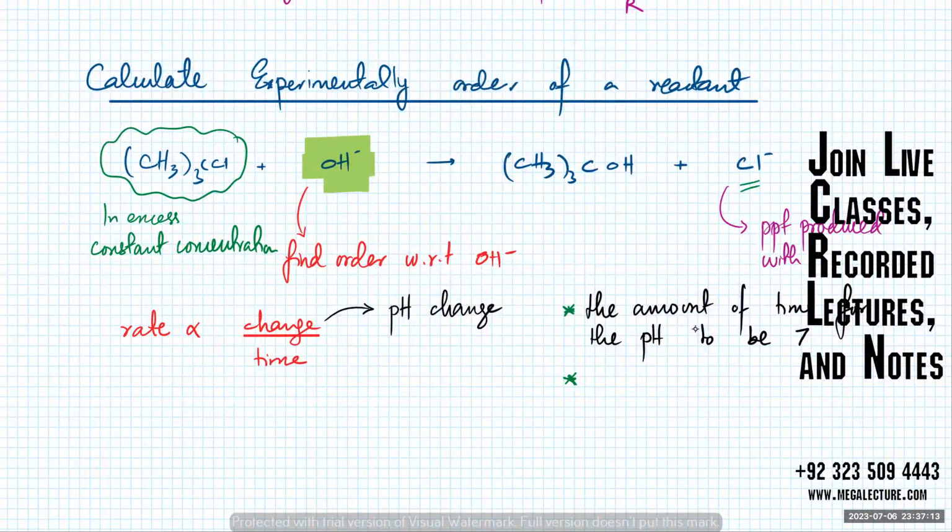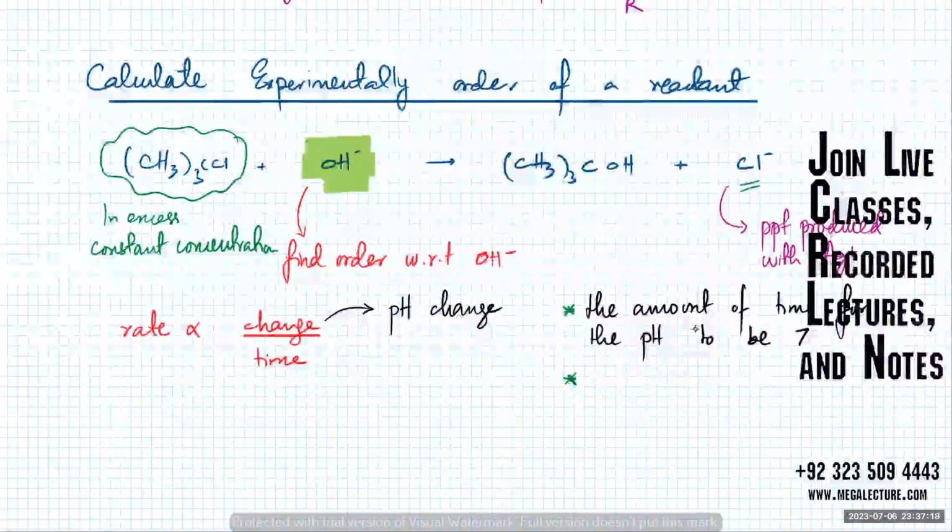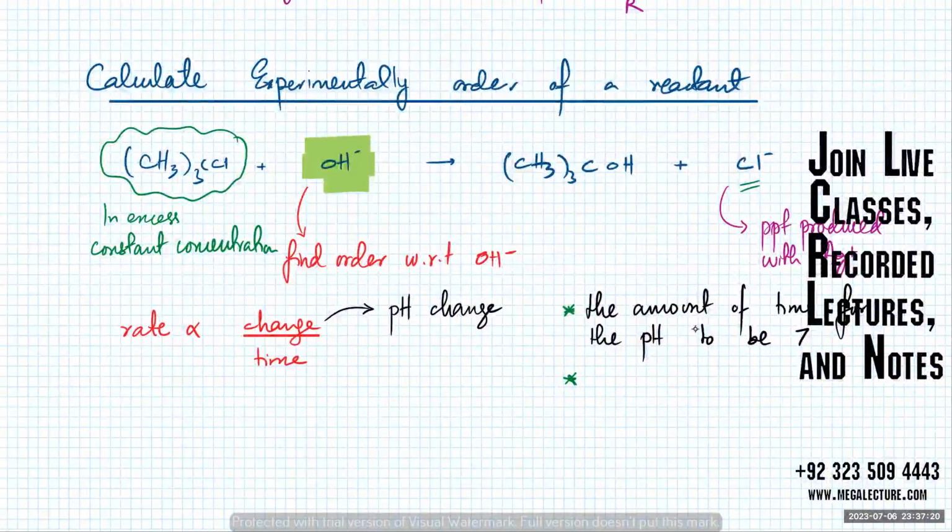So you can add silver ions to the solution and time, using a stopwatch, how long it takes for, let's say, half a centimeter of precipitate to form.